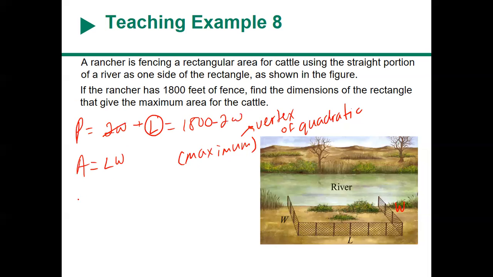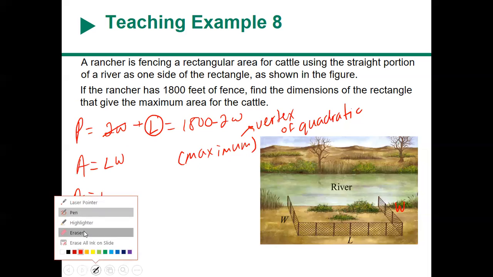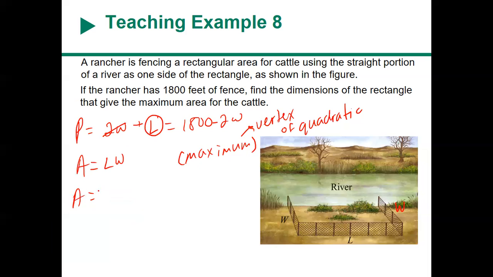So area equals the length, and we're going to substitute that in, and instead of length, it's now 1,800 minus 2W, times the width. So I'm going to distribute. You get a W, you get a W, we all get a W. So we have 1800W minus 2W squared.